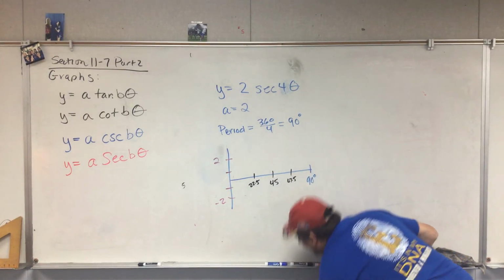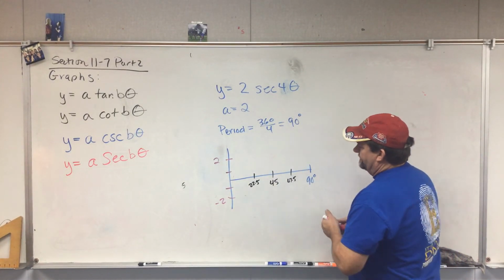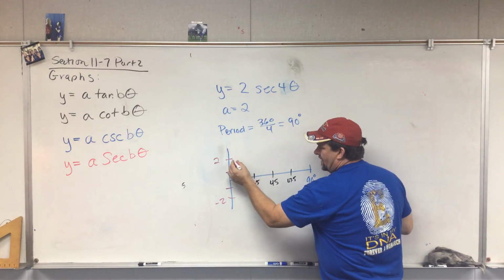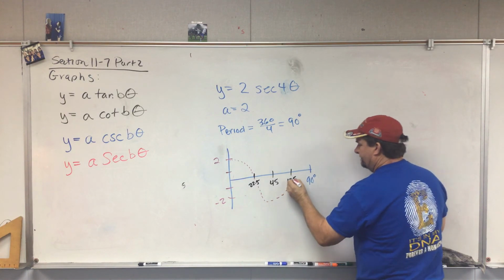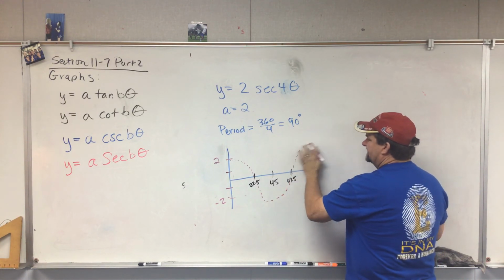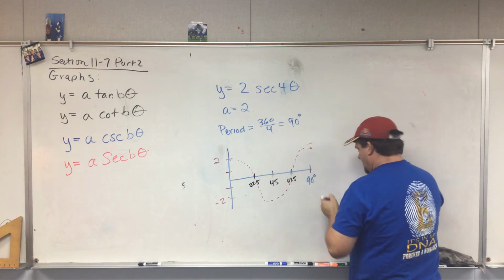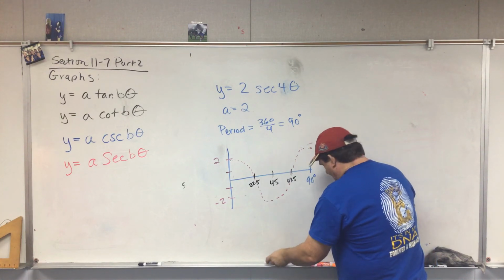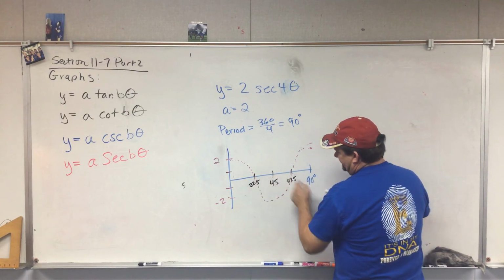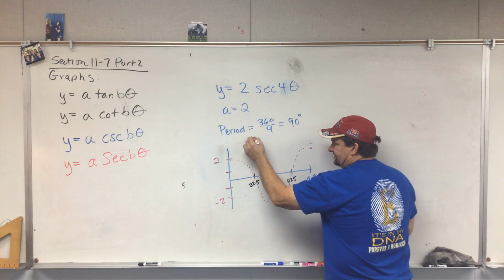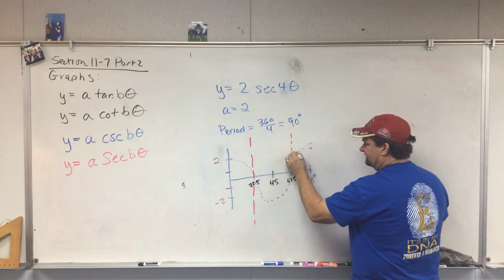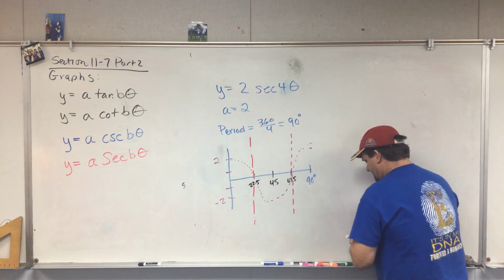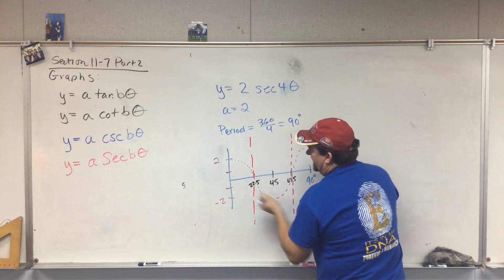And then if you look back at secant, we draw our basic cosine graph. And we cut it wherever it touches 0. And we flip it.